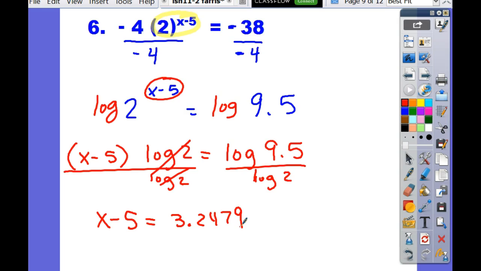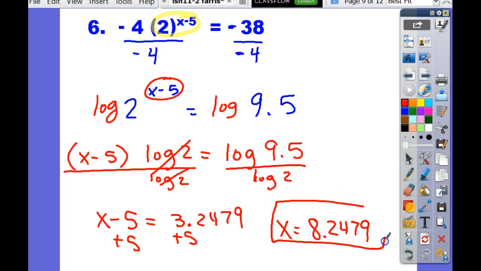I'm solving for x, so what am I going to do with the 5? You could check by plugging the number back into the original problem.